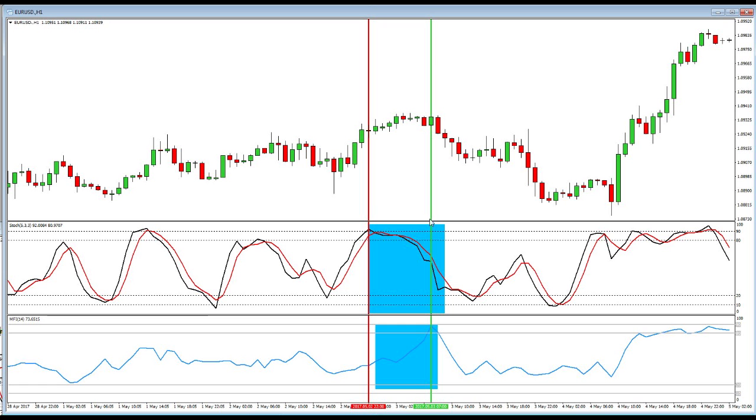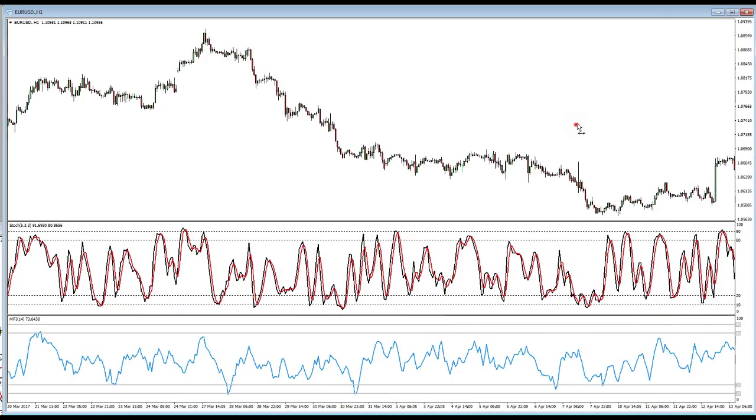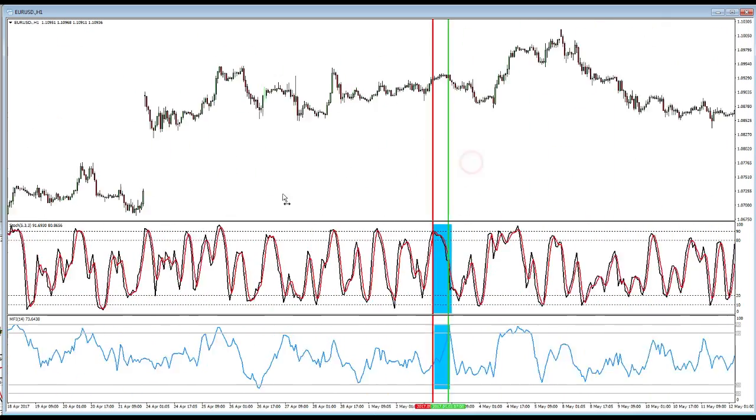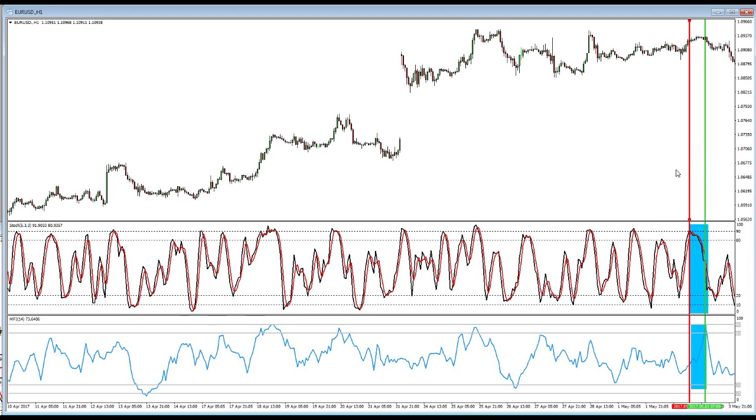So what I'm going to do now is just go on a little Easter egg hunt. I'm going to zoom out of this trade, and I'm going to have a look now at other principles where I'm just going to do a rough estimate, and look at where the MFI entered the overbought or oversold region during this graph.